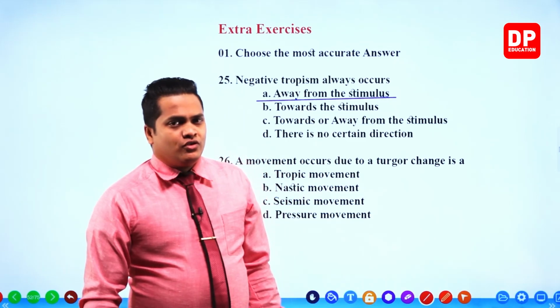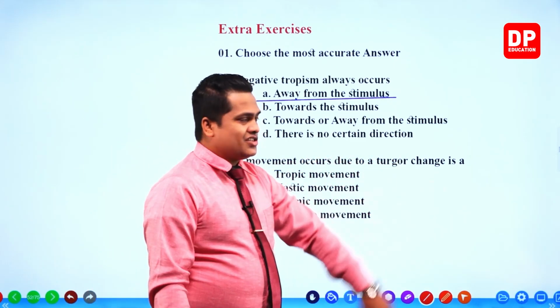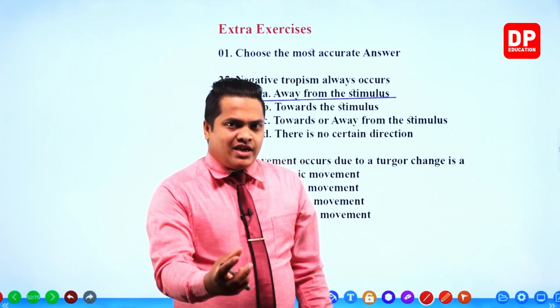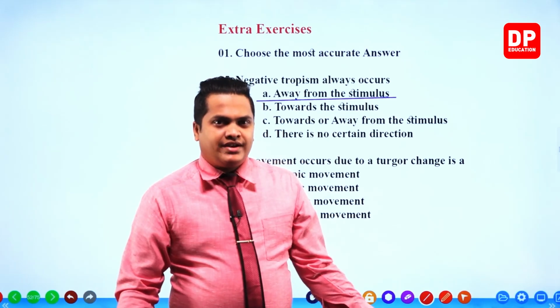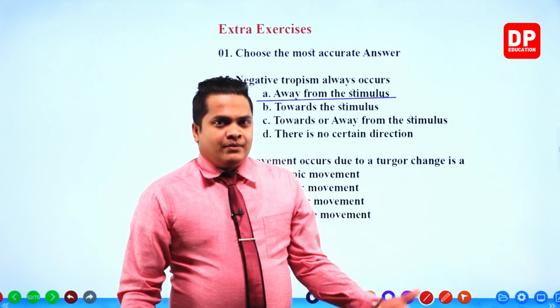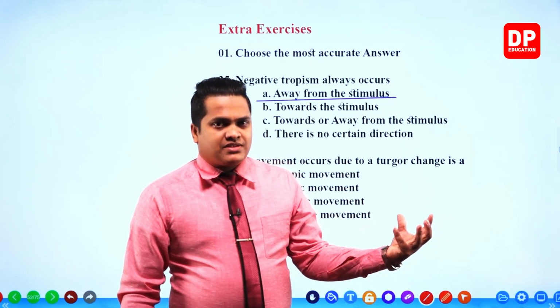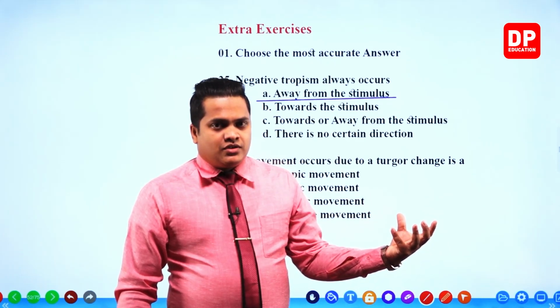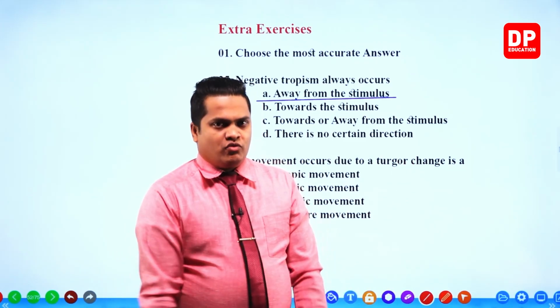So therefore, movement occurs due to a turgor change. Turgor change means here we are changing the pressure or the position. We are not going to change the amount of growth substances. Growth substances are going to trigger those trophic movements mainly.